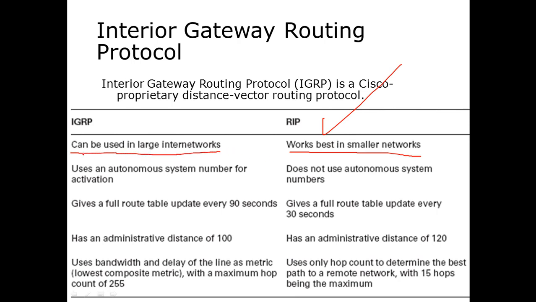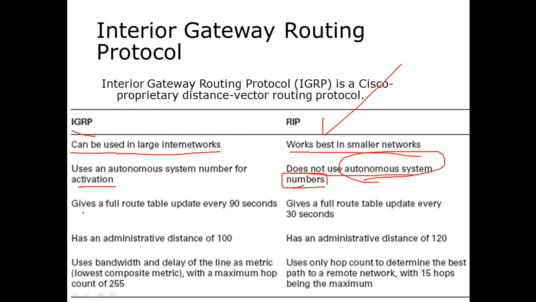So this is a major difference, and RIP does not use any AS numbers basically. They were using the systems AS, but they were not using the numbers of them. So this is different because you have to use the number for activation in IGRP.